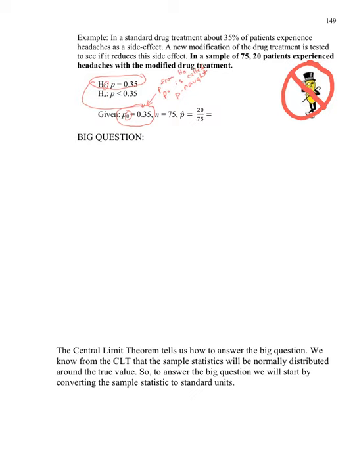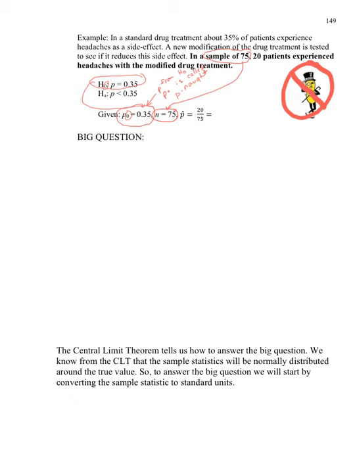Our next given, n equals 75. That's our sample size, just like in previous sections. And p hat, in this particular case, they're not giving us a percentage. They give us an actual number, so we have to find the percentage ourselves.